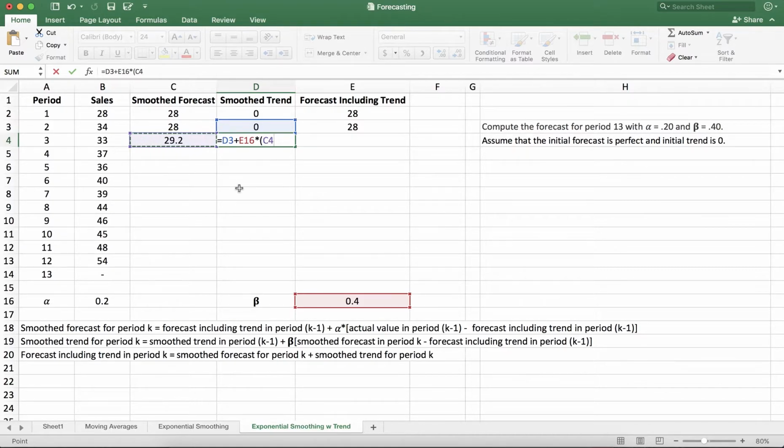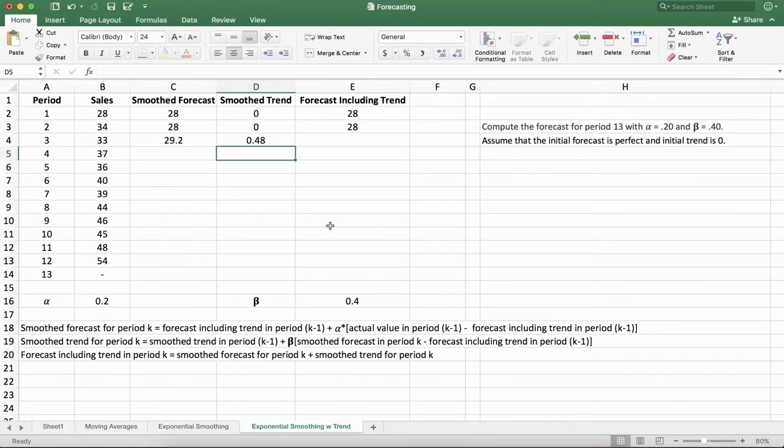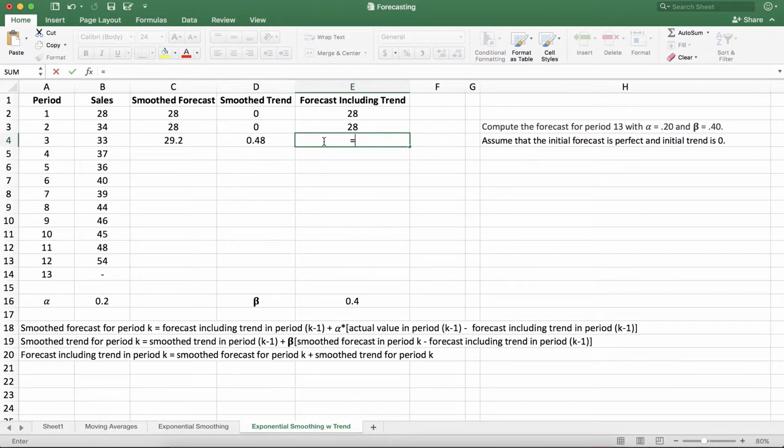That value is coming from C4, minus the forecast including trend in the last period coming from E3. The value of this calculation is going to give me the smoothed trend, which is 0.48. And the forecast including trend is equal to the sum of the smoothed forecast and the smoothed trend.